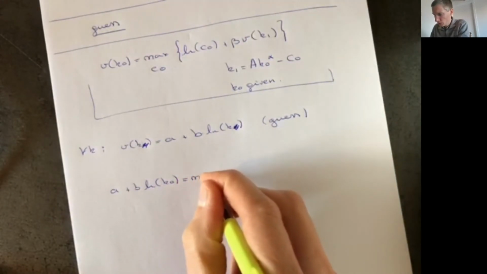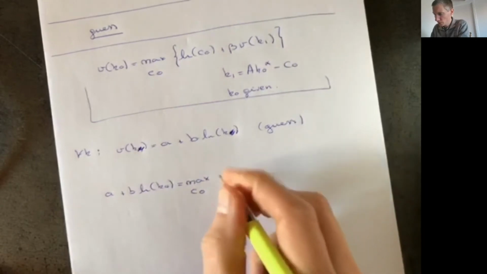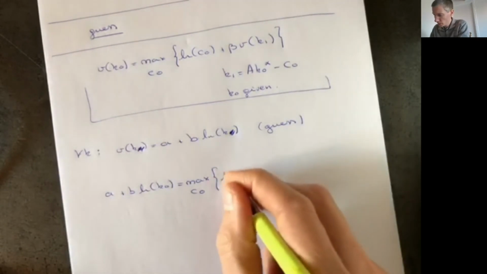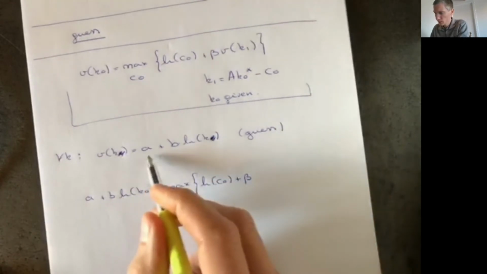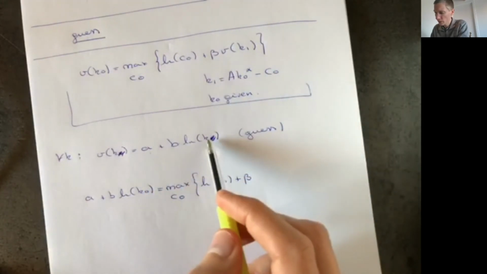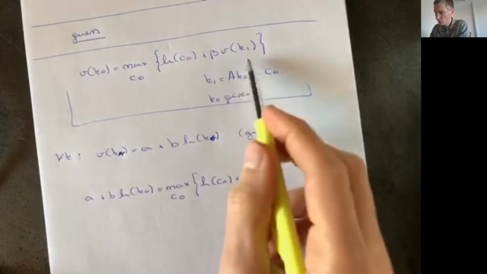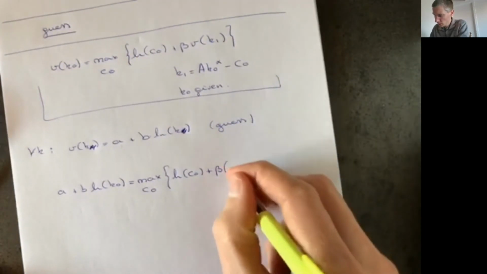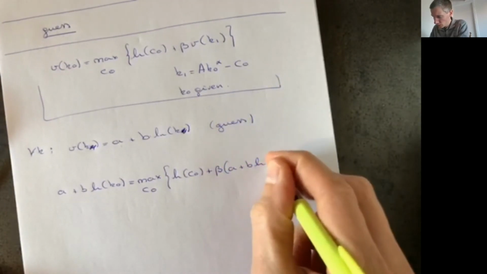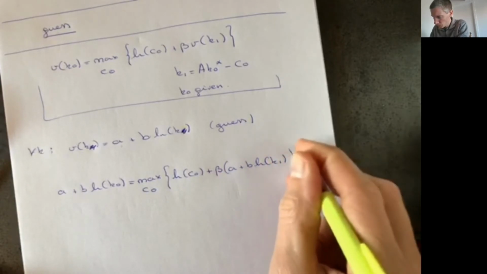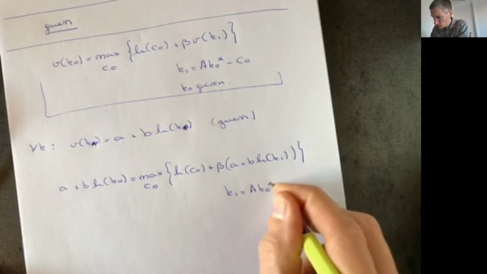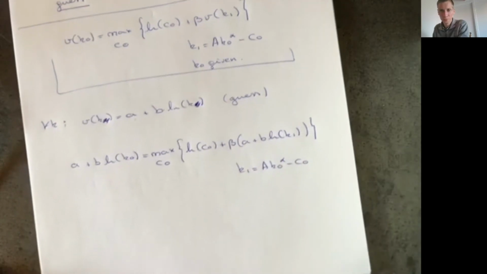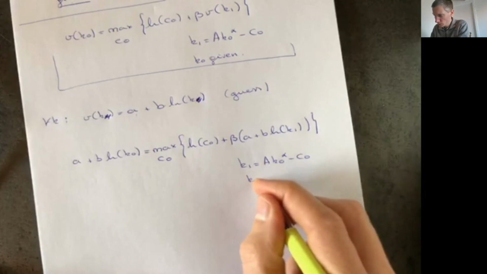This has to equal the max over c0 of ln c0 plus beta, and now I can substitute it also here, but now it's not k0 but k1. So a plus b ln k1, and k1 is equal to a k0 to the power alpha minus c0, k0 given.